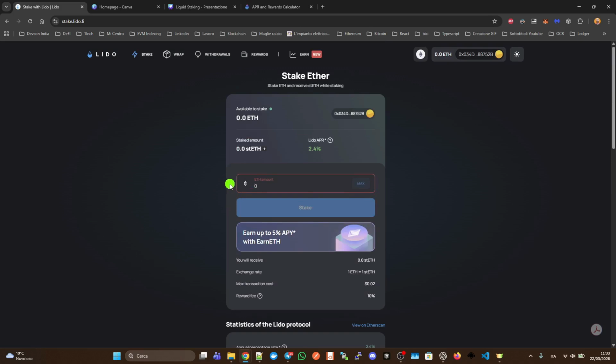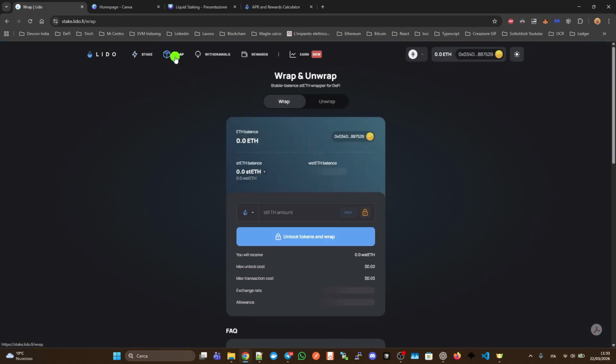Once you stake and get the staked Ether token, you can also, for example, wrap and unwrap, because maybe there is a DeFi protocol that supports wrapped staked Ether rather than staked Ether, so you can change from one token to another. This is the exchange rate, because of course keep in mind that wrapped staked Ether has a fixed balance.